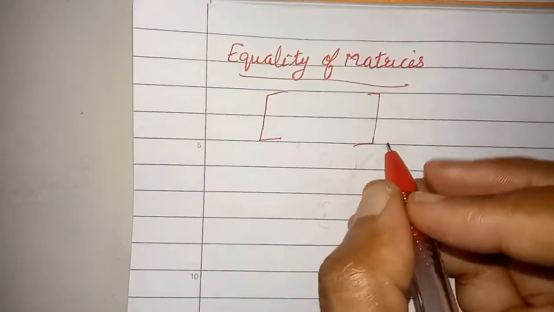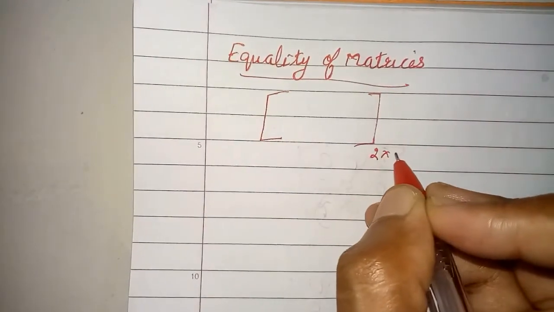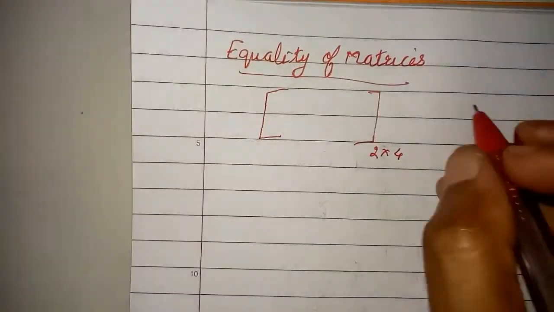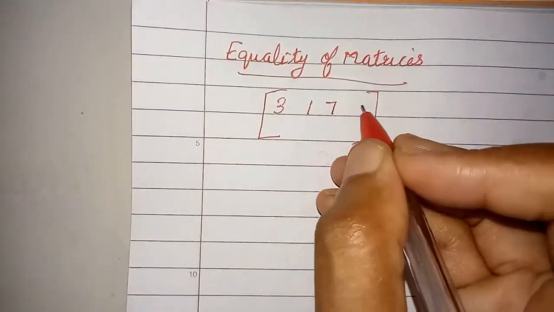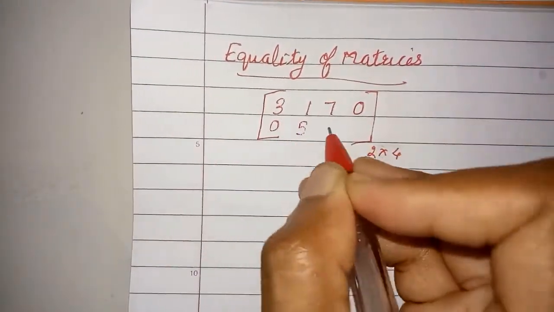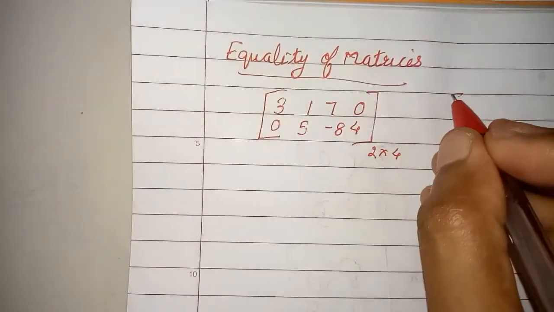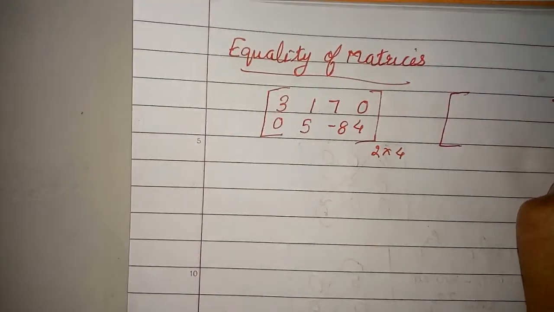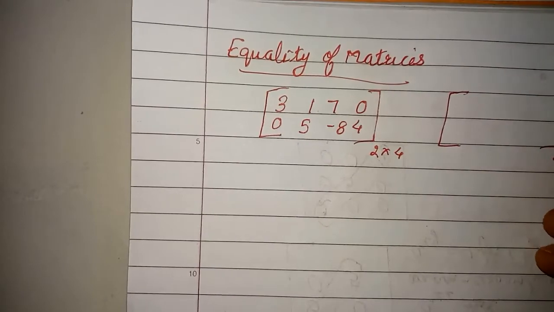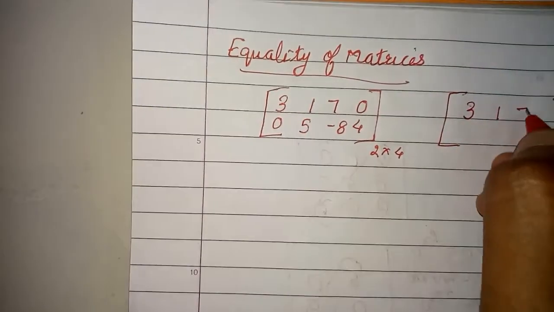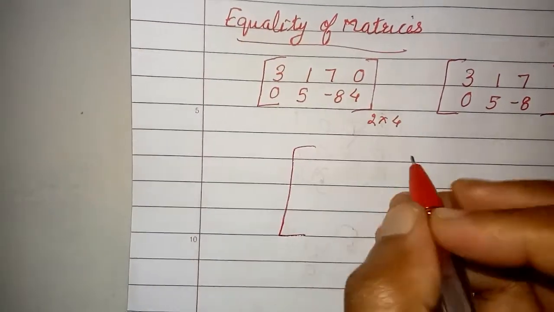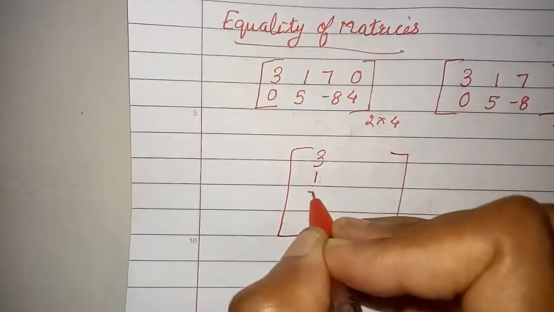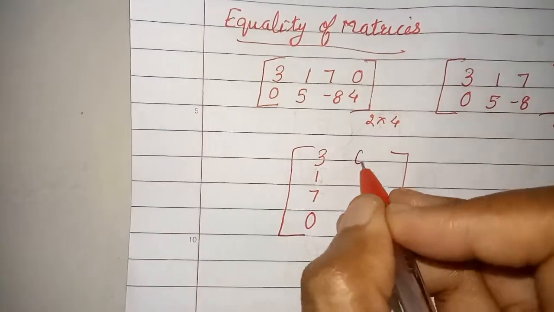One is a 2 cross 4 matrix, with entries 3 1 7 0 0 5 minus 8 and 4. I am giving another matrix, 2 cross 3, 3 1 7 0 5 minus 8. Now again I am giving you another matrix, 3 1 7 0 0 5.